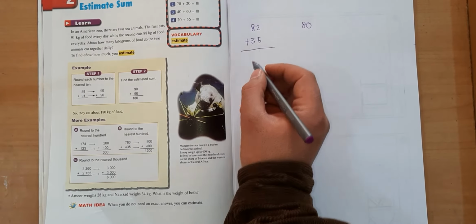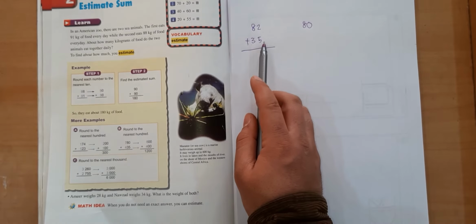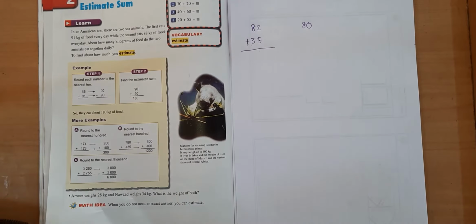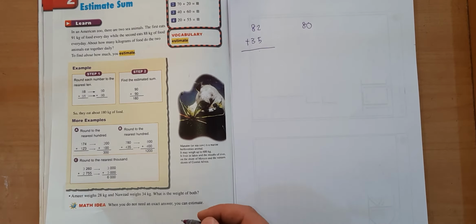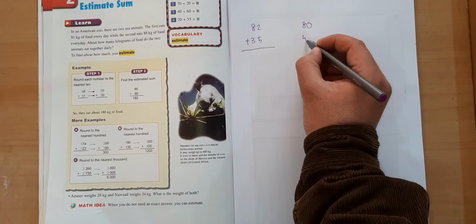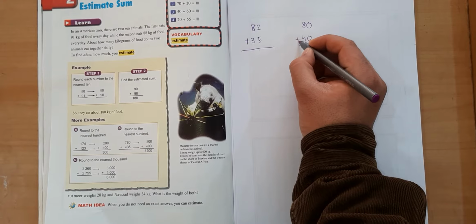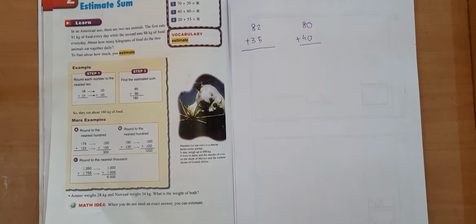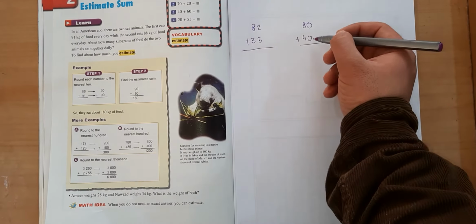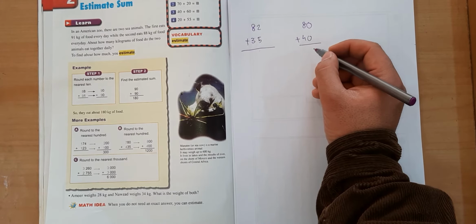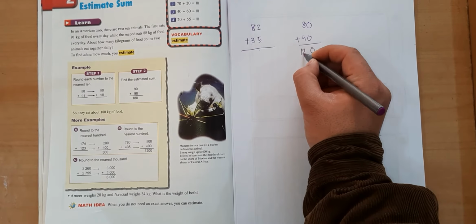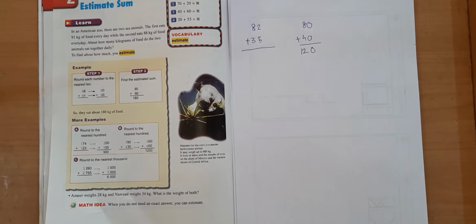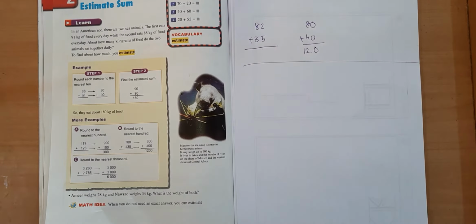And 35, look, we have 5. And we said if we have 5 or greater than 5, it'll increase the tens by 1. So it becomes 40. And now we are going to estimate the sum. 0 plus 0 is 0. And 8 plus 4 is 12. Okay, it's 120. So it's very easy.